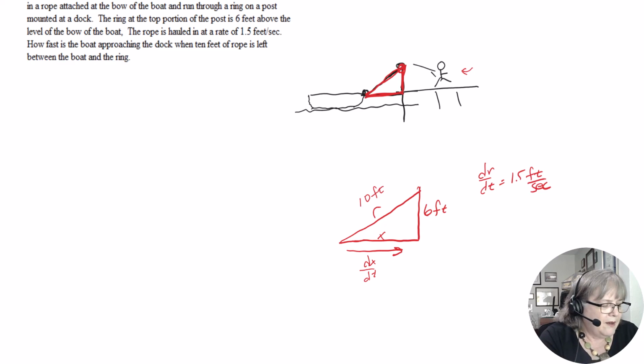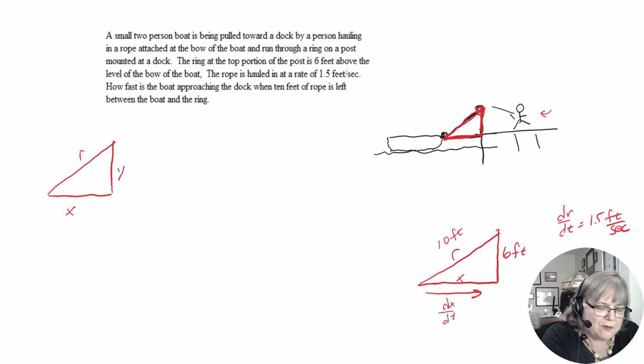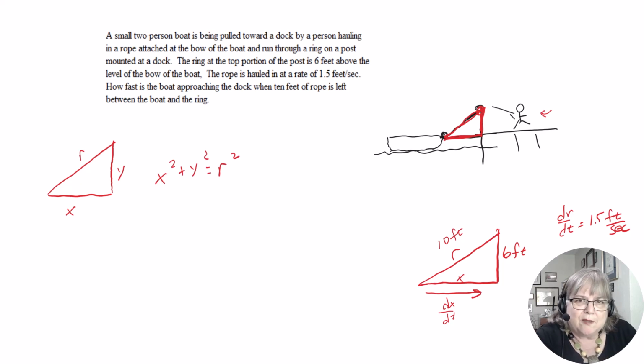Now, when you set this up, sometimes it's nice to draw a specific picture that relates everything together so that you can get your bearings on what's going on. But when you set this up, you're going to use the same relationship that you used in the first part video for the sliding ladder.